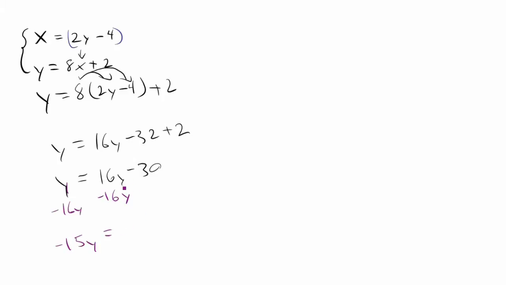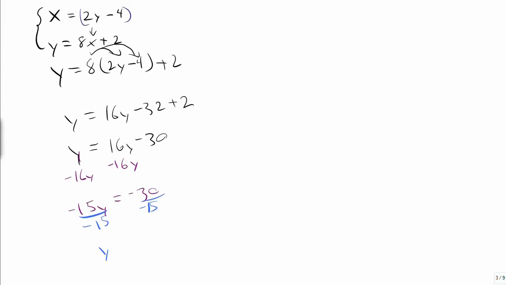On the right side I get negative 30. Now I can divide by negative 15 and y will be by itself, so it'll be solved. So I get y on the left side. On the right side, 15 goes into 30 two times. A negative divided by a negative is a positive, so y equals 2.